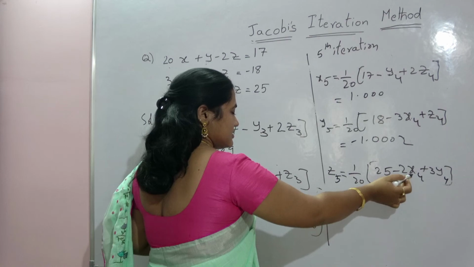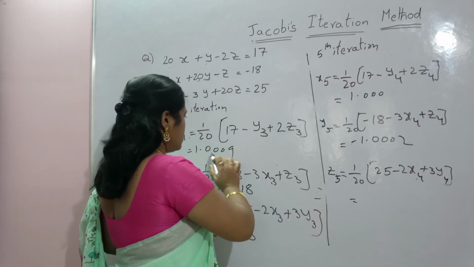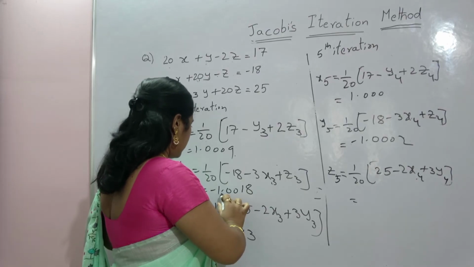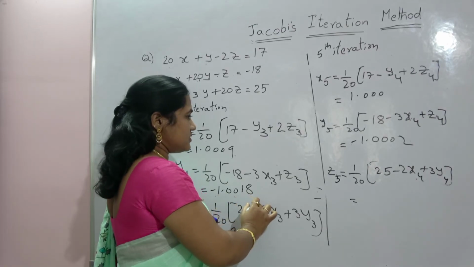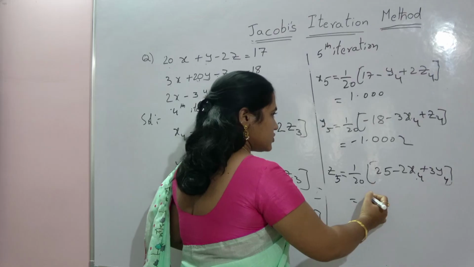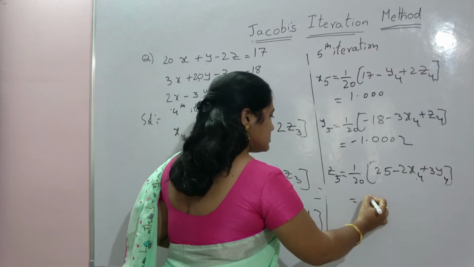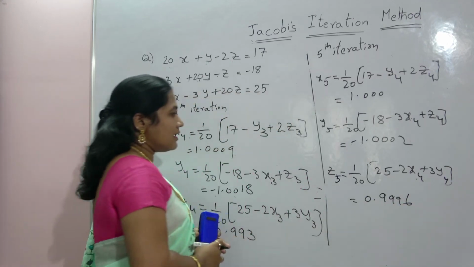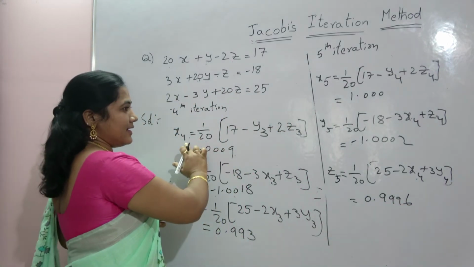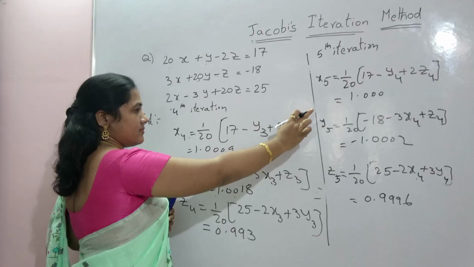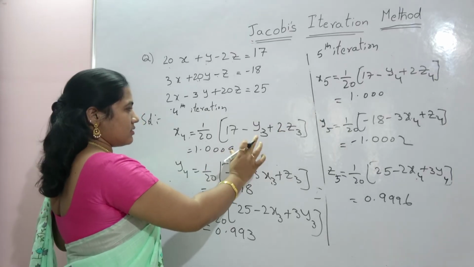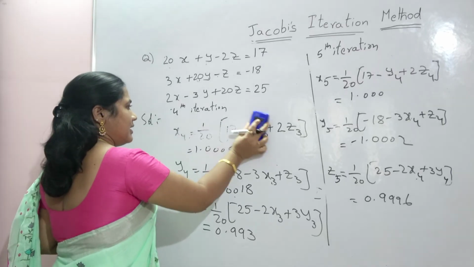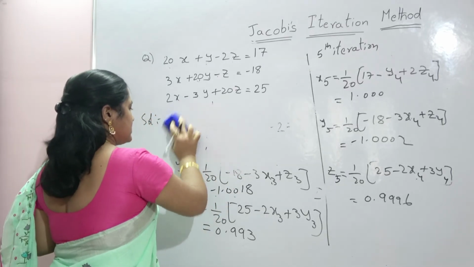And z5, substitute x4 equals 1.0009 and y4 equals minus 1.0018. So z5 equals 0.9996. And now compare x4 and x5 values. So these are closely same. So then we can go for the next approximation, sixth iteration.